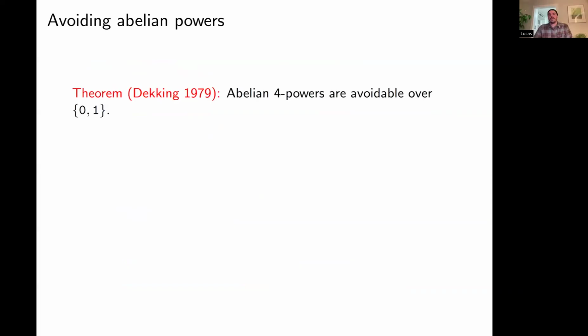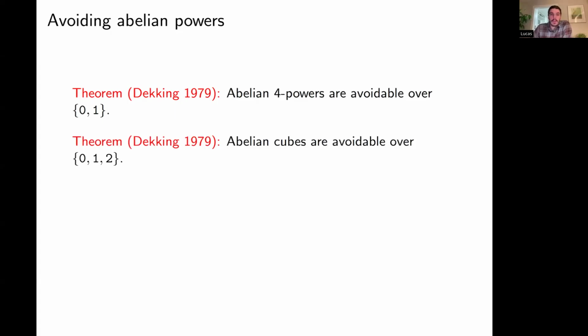Okay, so what's known about abelian powers? Dekking in 1979 showed that abelian 4 powers are avoidable over the binary alphabet. What this means is that there is an infinite word over the binary alphabet that has no abelian 4 powers as factors. So you can go on forever with just two letters and never see an abelian 4 power. Dekking also showed that abelian cubes are avoidable over the ternary alphabet, 0, 1, 2.